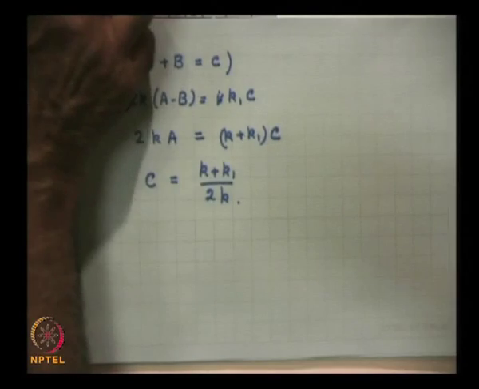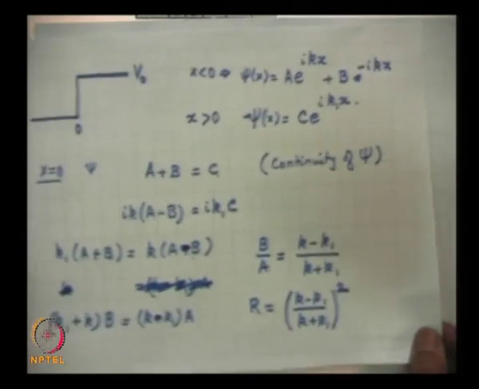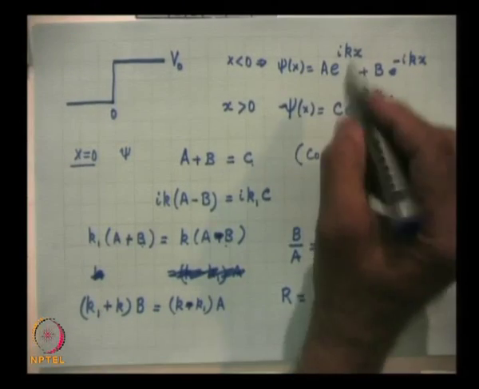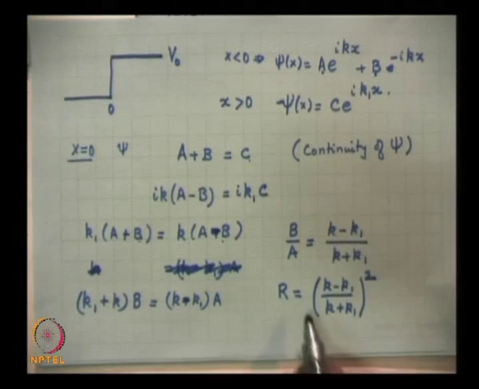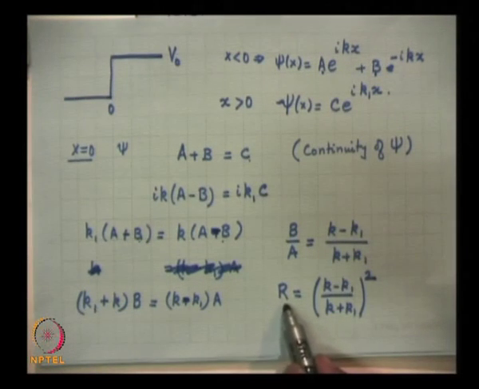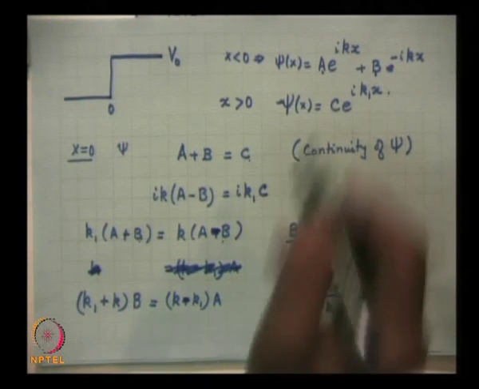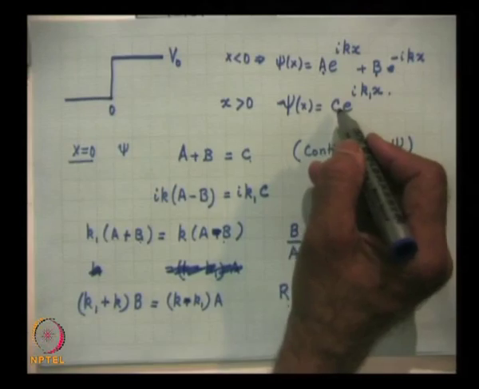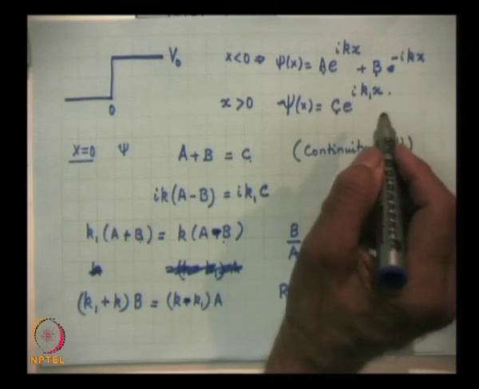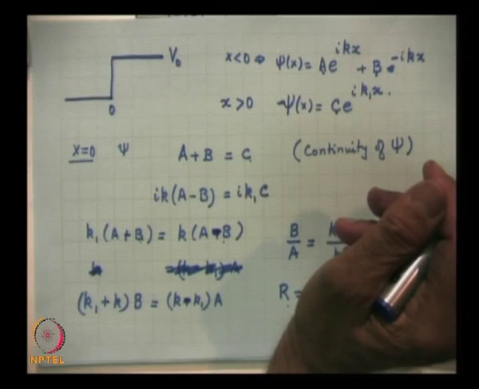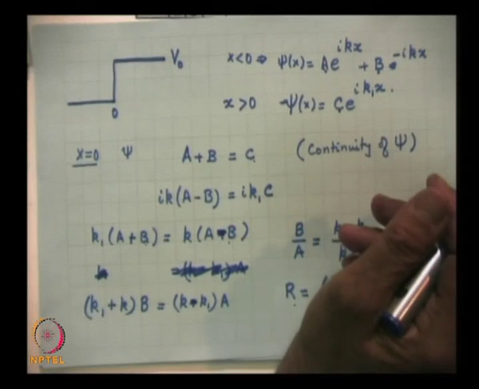So I have then been able to find the coefficient b in terms of a and obtained an expression for the reflection coefficient. I have also been able to find the coefficient c in terms of a, which will be related to the transmission coefficient.